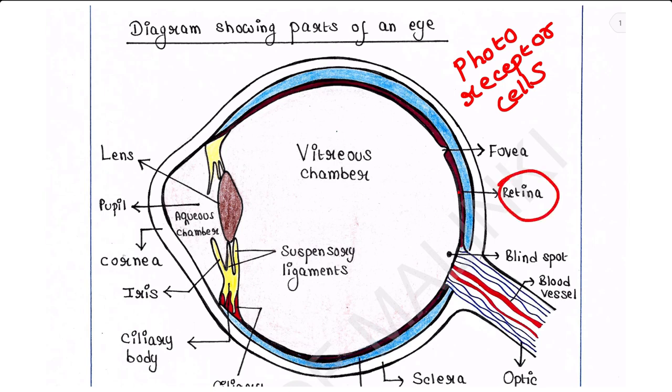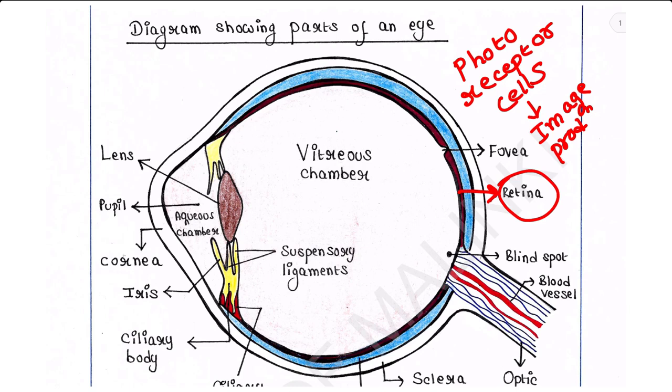So, this is the retina, the innermost layer of the eye, and photoreceptor cells are located in the retina, and these cells are responsible for image production. So hence light needs to reach the retina.